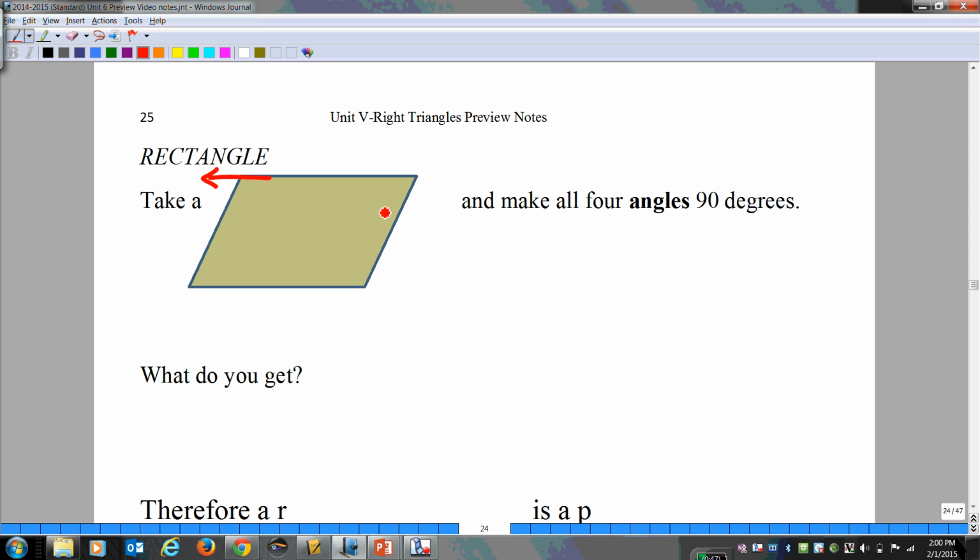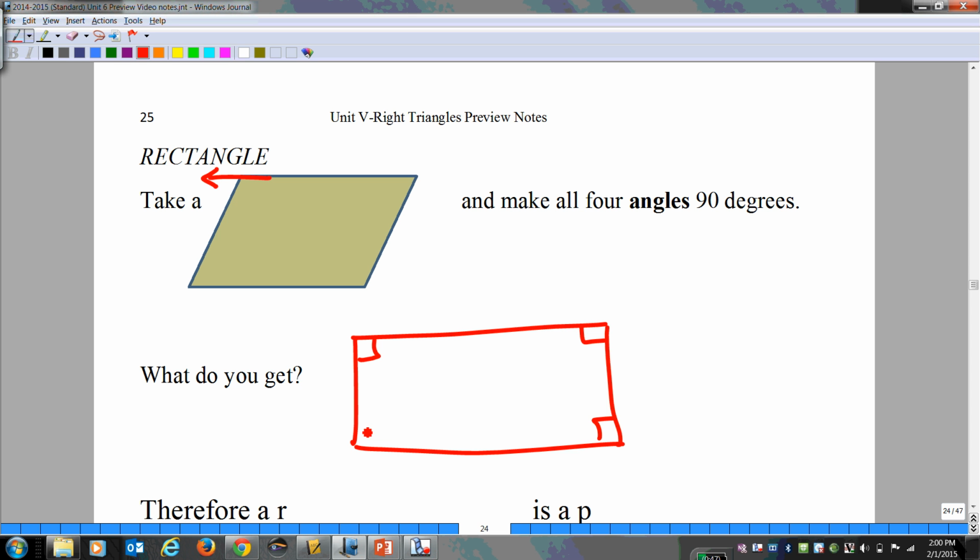We tilted it so that we made all four angles right angles. So we take a parallelogram, but we shove the corners back so that all four corners make a right angle. Imagine if we were to make a right angle there, what would we get? We'd get a rectangle.